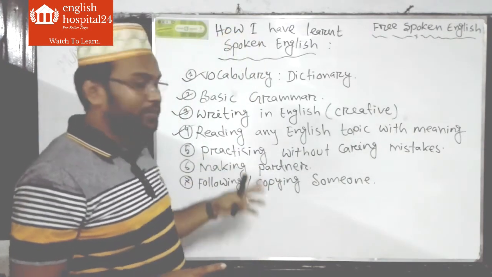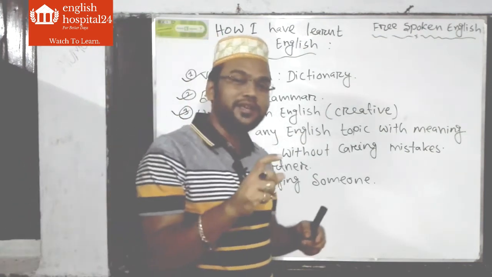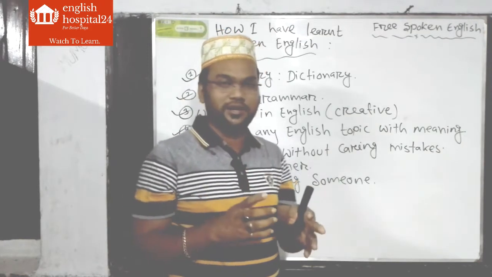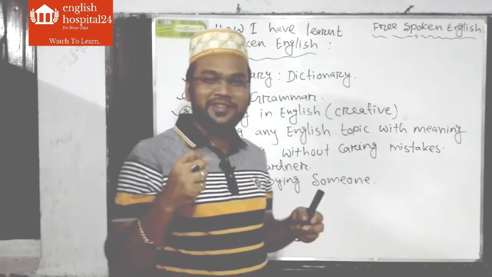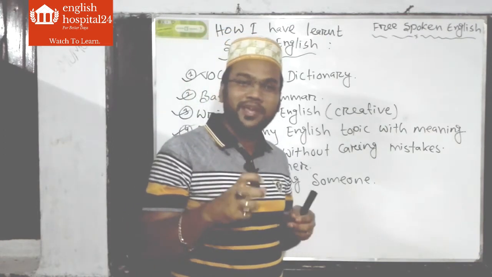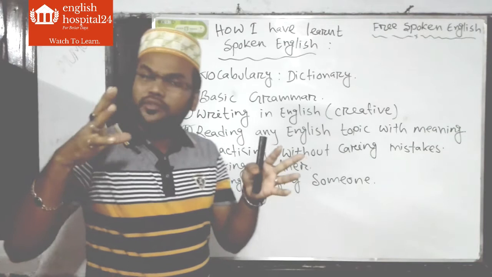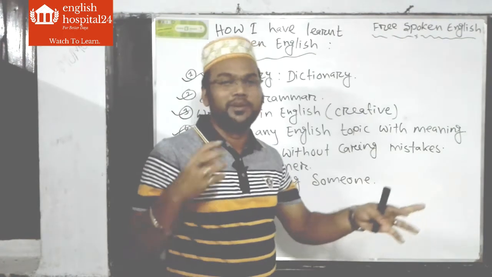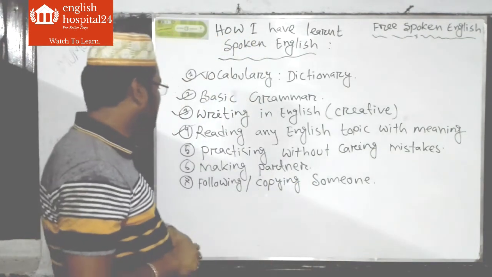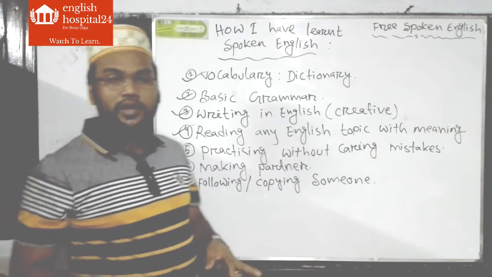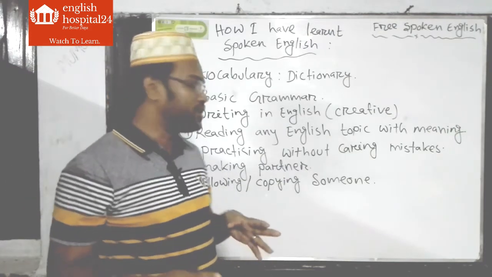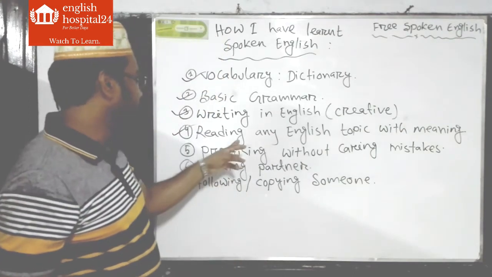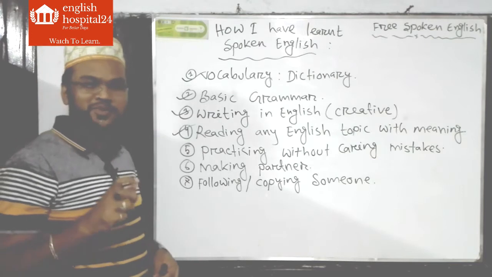So I applied this strategy of reading any English topic with the meaning in my mother tongue, which is Bengali, and I have reached this stage by doing so. If you want to enrich your vocabulary and be expert in English, you will have to read any English topic with the meaning of your mother tongue. So this is my 4th strategy to be expert in English.